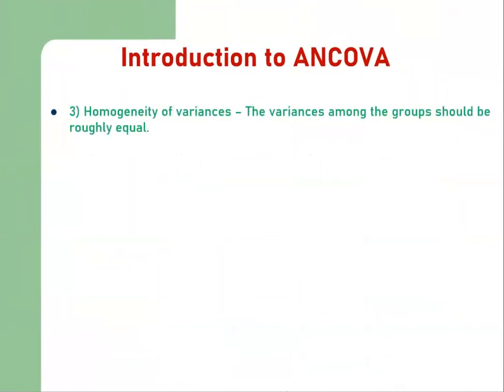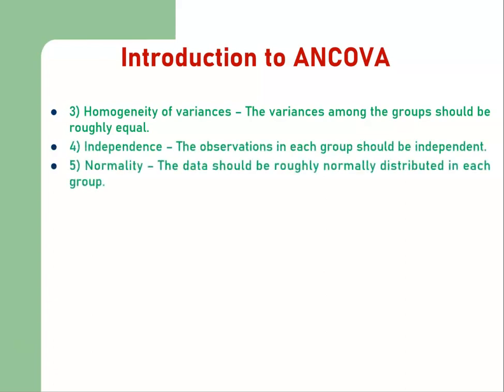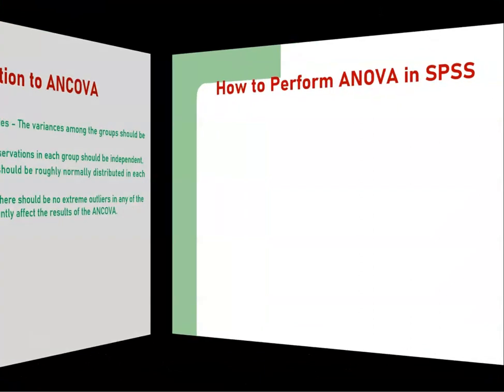Assumption number 3 is homogeneity of variance, that is, the variances among the groups should be homogeneous. The observations in each group should be independent. The data should be roughly normally distributed in each group, and there should be no extreme outliers in any of the groups that could significantly affect the results of ANCOVA.